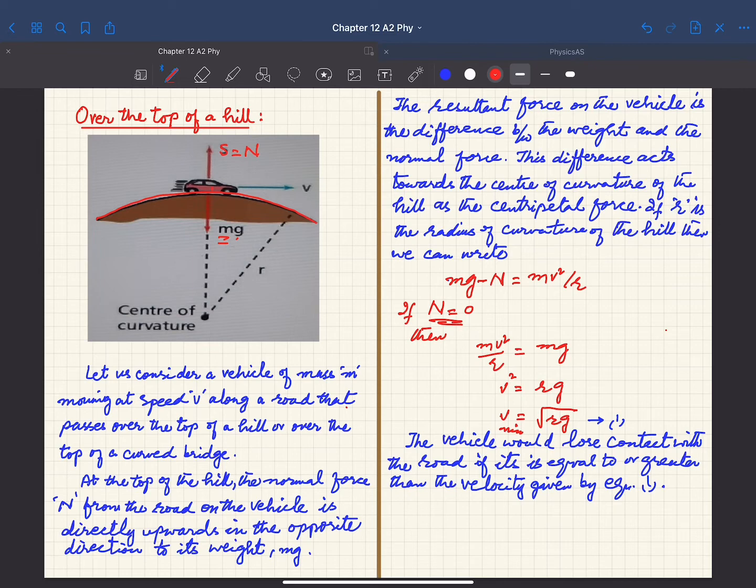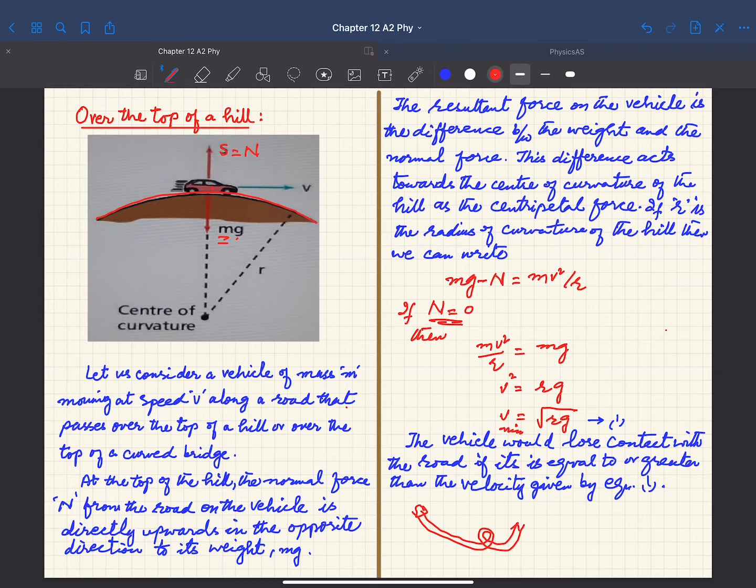So there are so many examples where we can consider the situation of a vertical circle. Like here, suppose you have a situation of loop the loop, then again you have to consider what will be the weight and normal reaction and how you can move in this track. So this is very important.